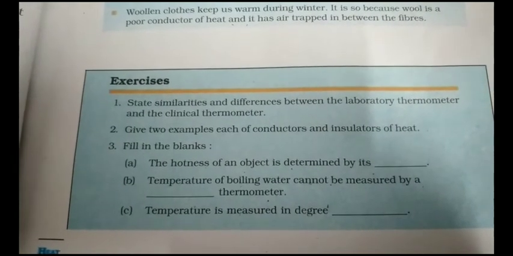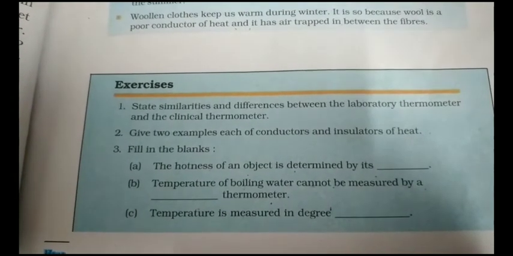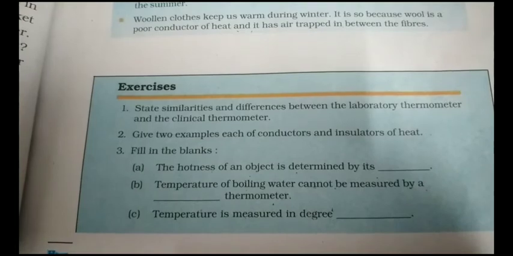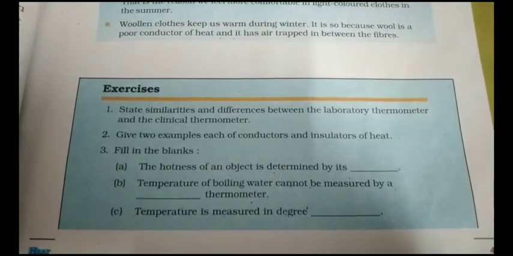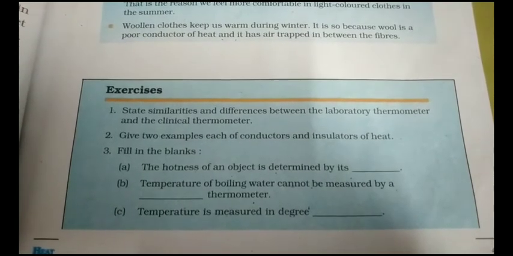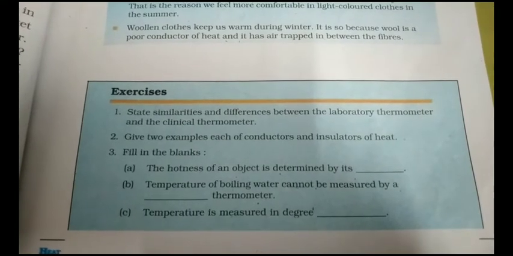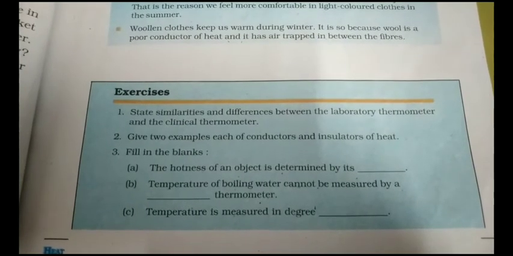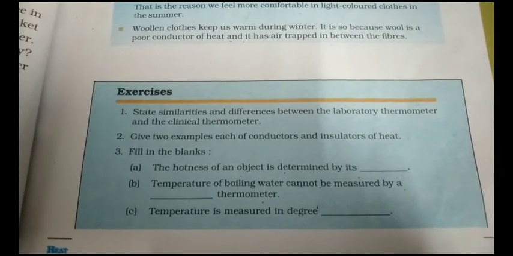At one end, both of them have a bulb. Bulbs of both thermometers contain mercury. Differences. The range of the laboratory thermometer is from -10 degrees Celsius to 110 degrees Celsius, while the range of the clinical thermometer is from 35 degrees Celsius to 42 degrees Celsius.